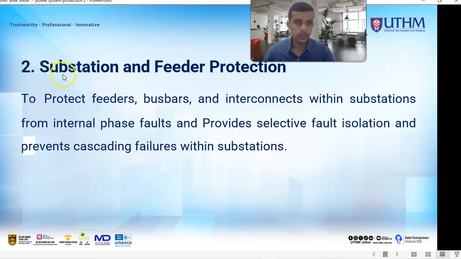And also substation and feeder protection, which is to protect feeders and bus bars and interconnections within the substation for internal phase faults, and it provides selective fault isolation and prevents cascaded failure within the substation.